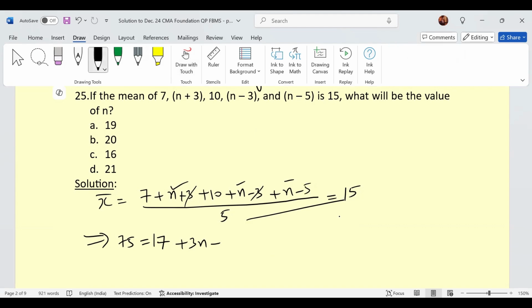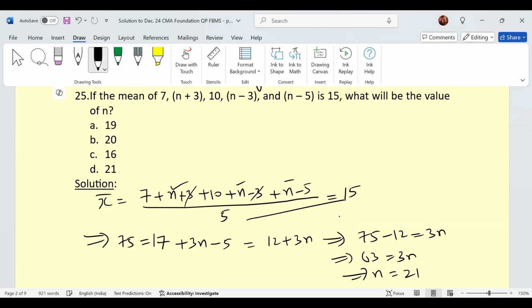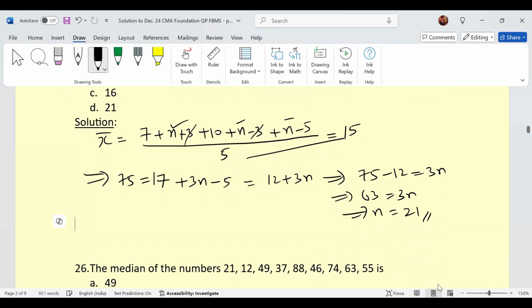So 17 minus 5 is 12 plus 3n. That means 75 minus 12 is equal to 3n, or 63 equals 3n, which means n is 21. So that will be the solution. Option D will be the right option.